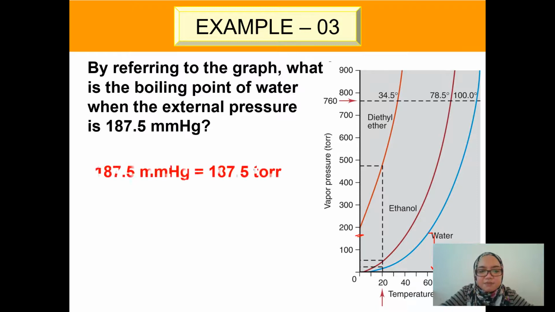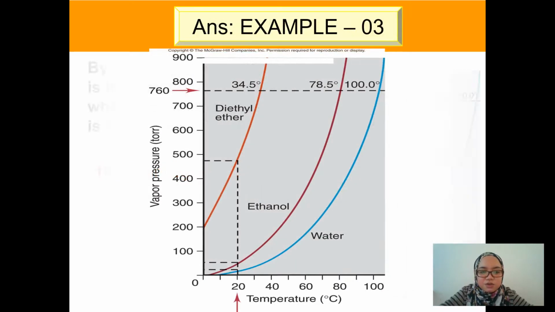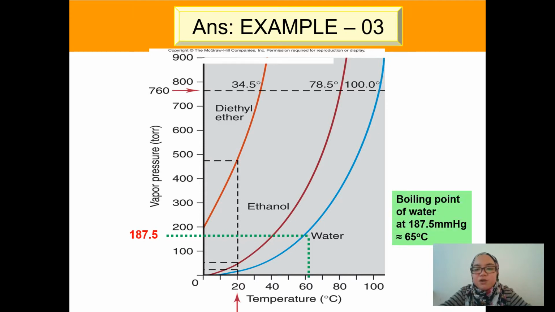So dekat sini, 187.5 mmHg is equals to 175.5 torr. So dekat sini we can see that here is the pressure 187.5. Pergi sini. So this is the temperature. So boiling point of water at 187.5 mmHg is 65 degree Celsius. Okay, jadi specific lah kan kat situ. Specific temperature and specific pressure.